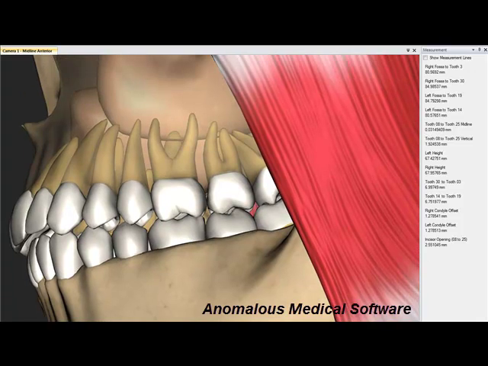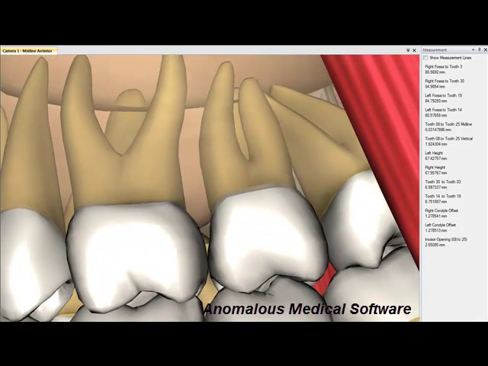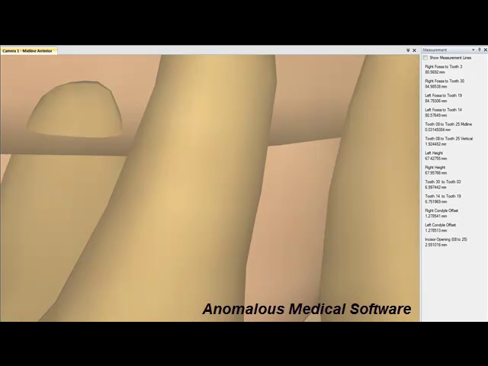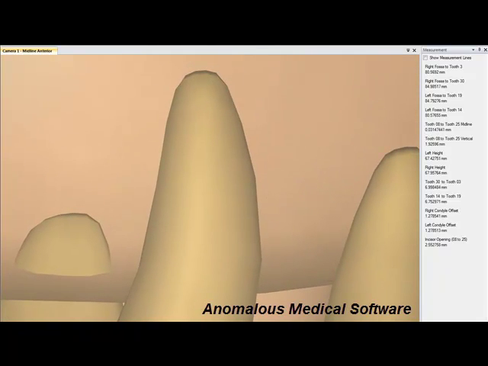And then I'm going to take the occlusion and really hone in on the apices of these particular teeth. So let's really take this into high magnification, and I'm going to go ahead and unadapt the dentition here.